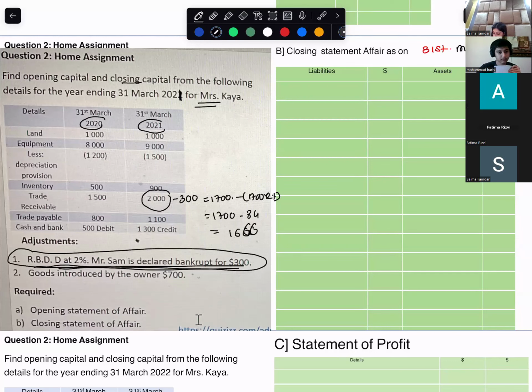Now, what will you write? Land will be 1,000. Equipment will be how much? 7,500.